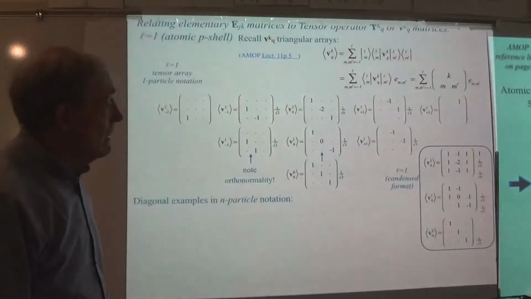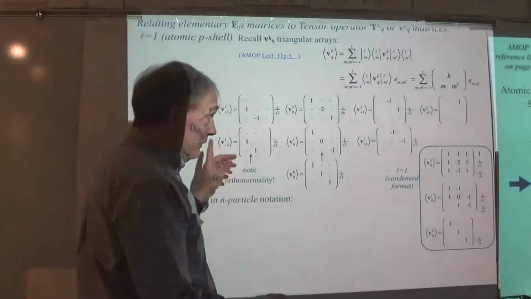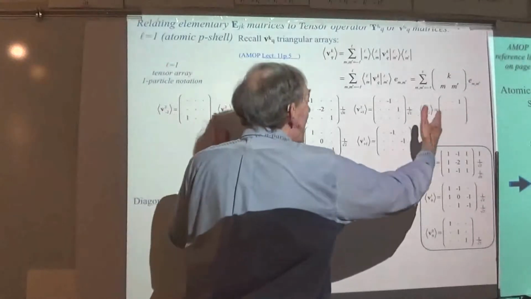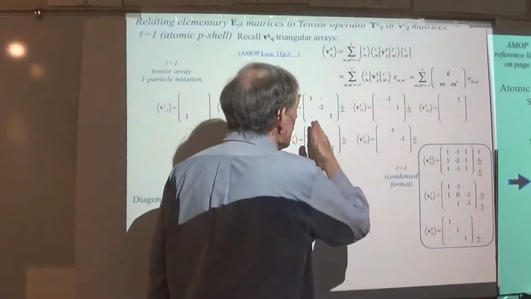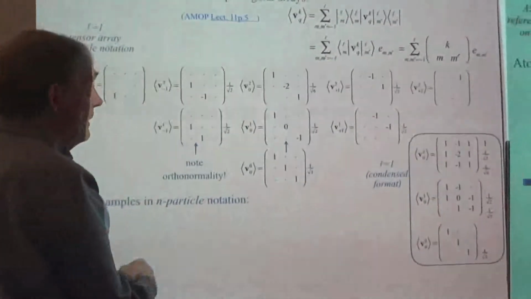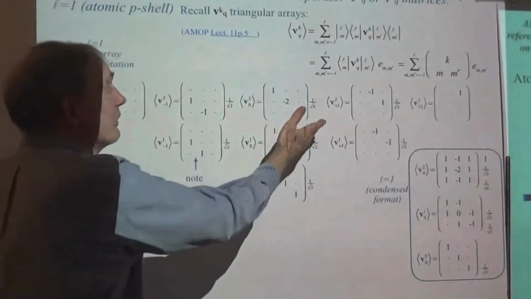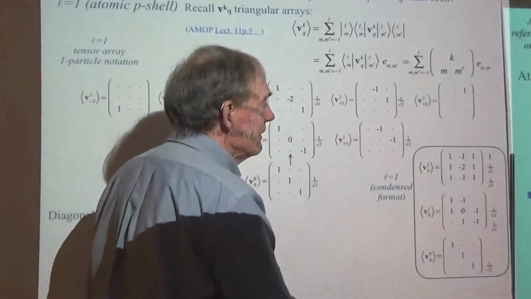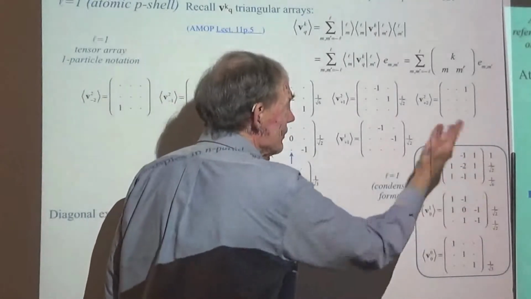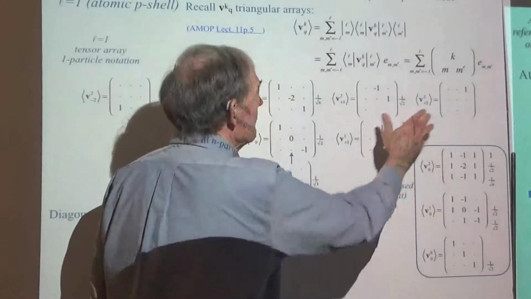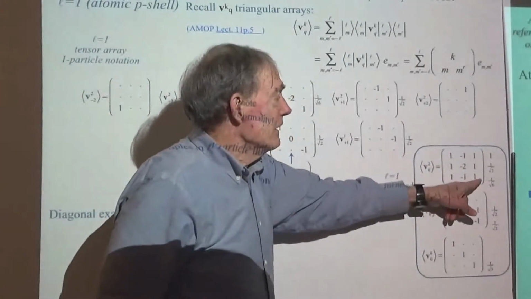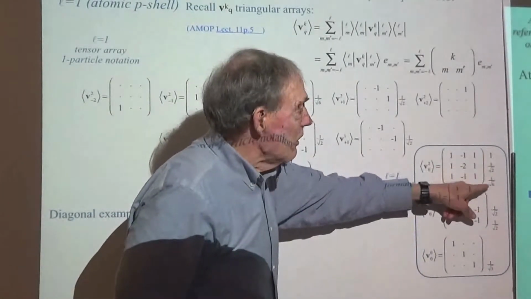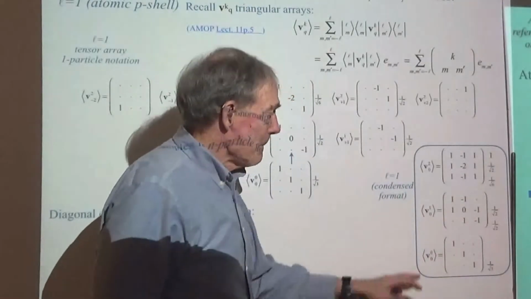Now, the condensed format for this is just to take all 5 of these and pile them together, because they don't use most of their space. Most of their space is filled with zeros, which are indicated by the dots. Here we use the space efficiently, so we're saving paper by putting this entire array accordion collapsed, and its normalizations are shown off to the right.